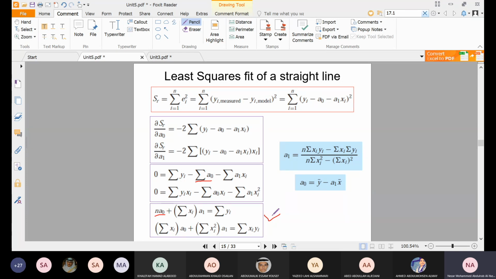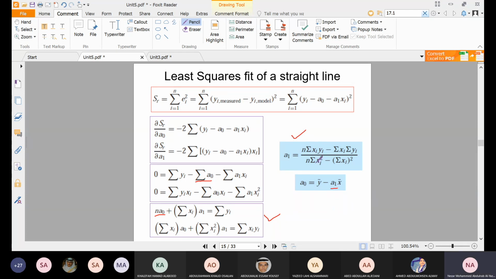Okay, so by breaking up the sums, for example, we finish with this. By solving this with any method such as Gaussian elimination, we might find the solution for A0 and A1. We usually start the solution by computing A1, because A0 is dependent on the value of A1.